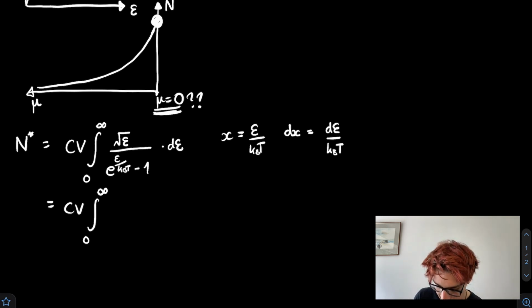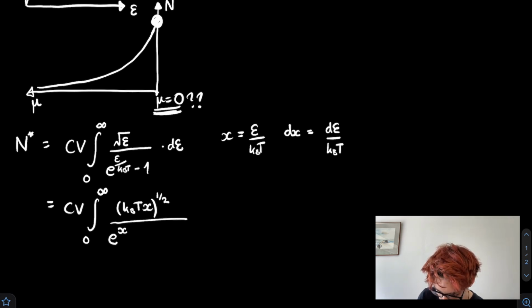Instead of root epsilon, we're going to have kBt x, and instead of writing the square root, I'm just going to write it as the power of half, all divided by e to the x minus 1. And instead of d epsilon, we're going to have kBt dx.